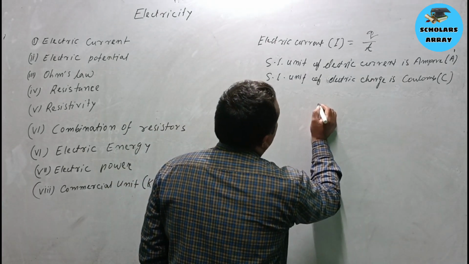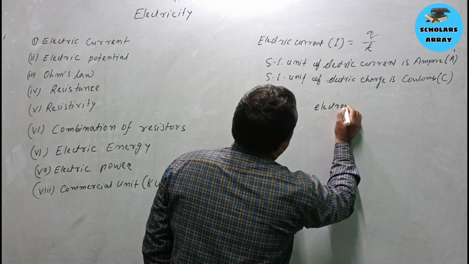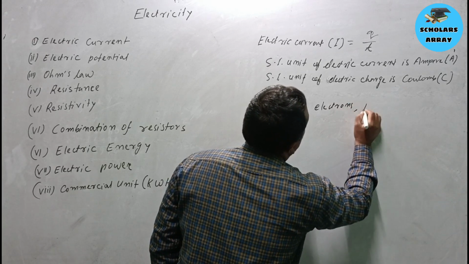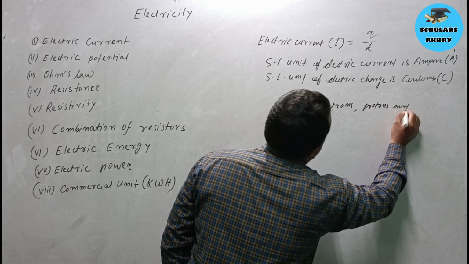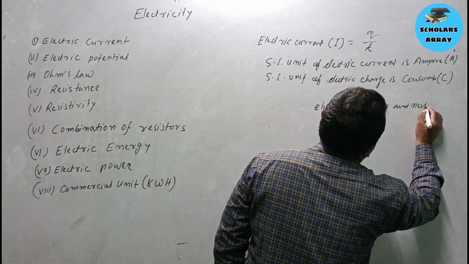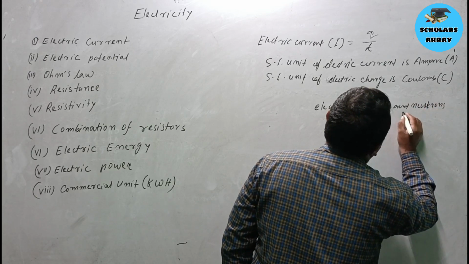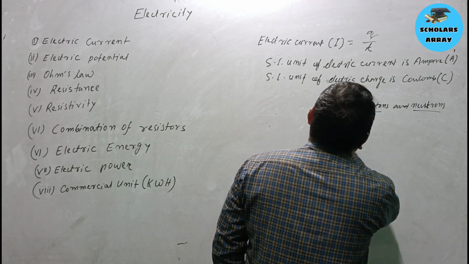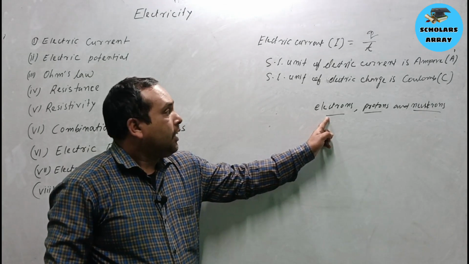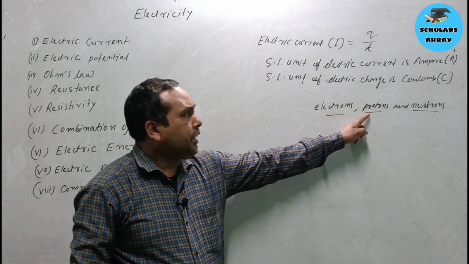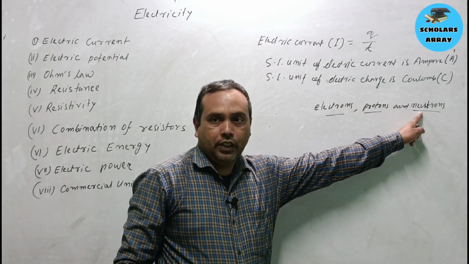In atoms, we get electrons, protons, and neutrons. Among these particles, electrons we consider as negative charge, protons as positive charge, and neutrons as chargeless particles.